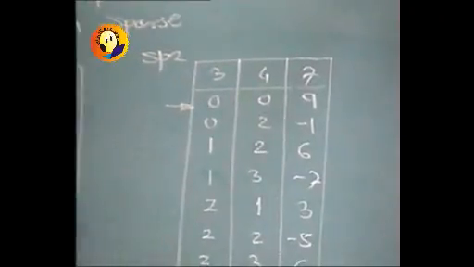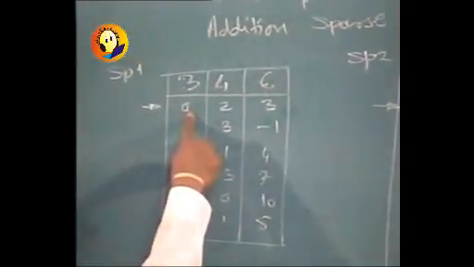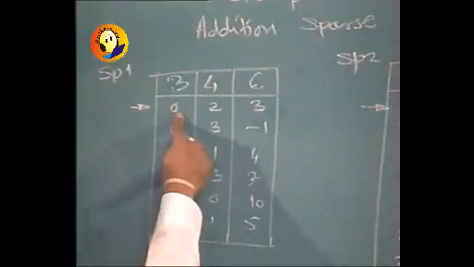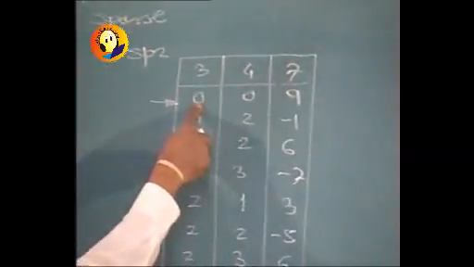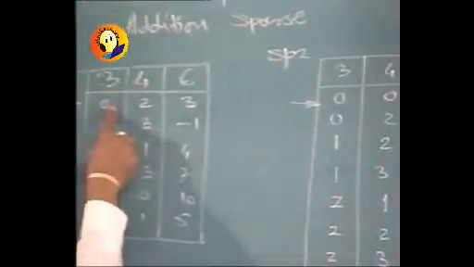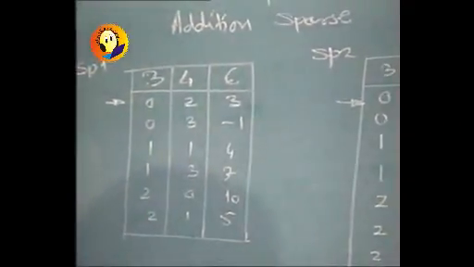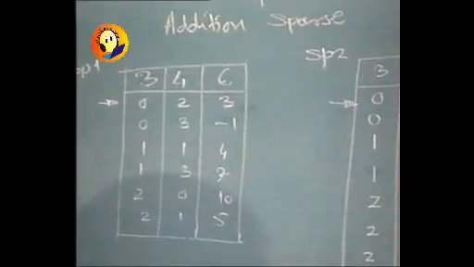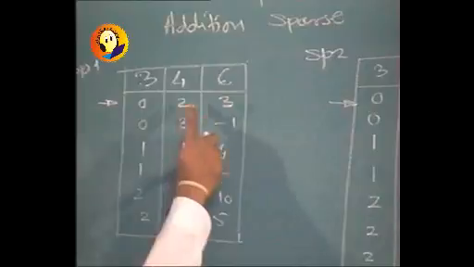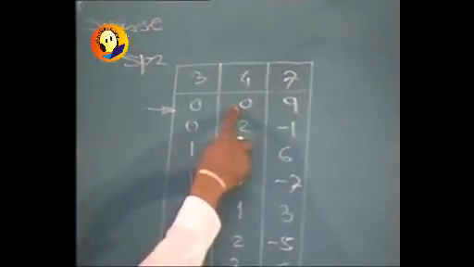Then we check whether sp1 square bracket k1 dot row is equal to sp2 square bracket k2 dot row, whether they are equal. In this case, yes. Then we have a check whether sp1 square bracket k1 dot column, that is 2, is equal to sp2 square bracket k2 dot column.